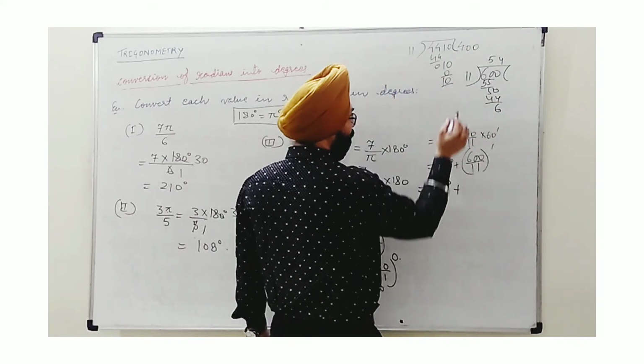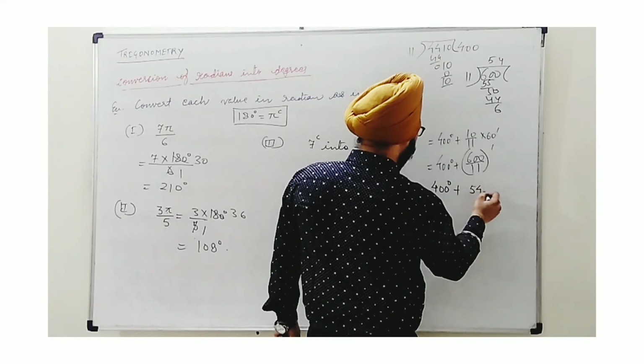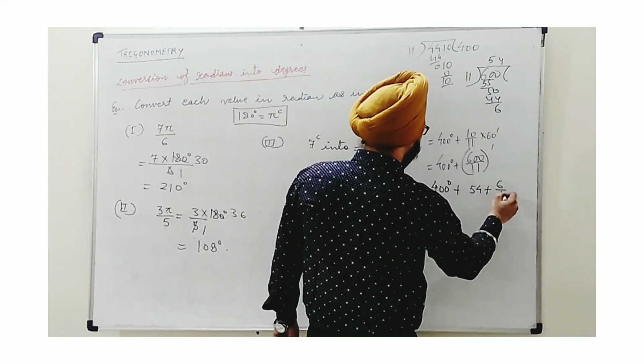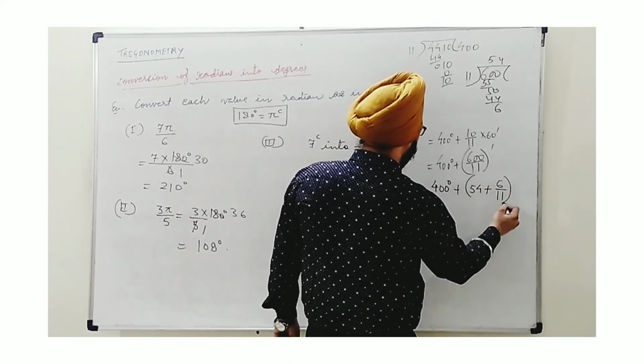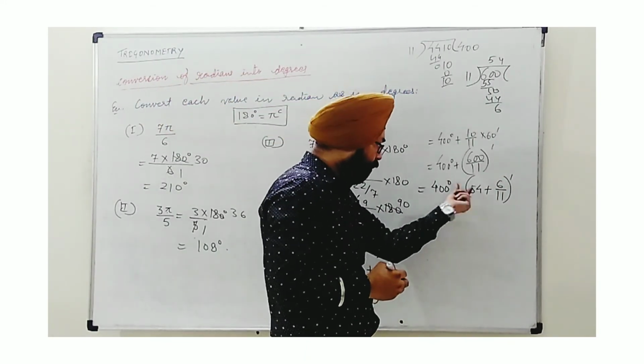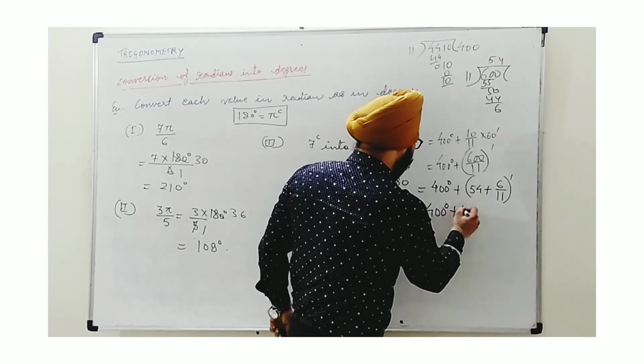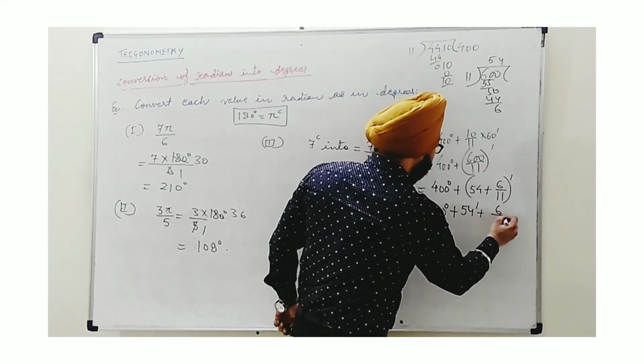So finally this can be written as 54 plus 6 upon 11 minutes. Now the complete portion, this whole number, will be written as minutes separately from 6 upon 11. This becomes 54 minutes, and this becomes 6 upon 11 minutes.